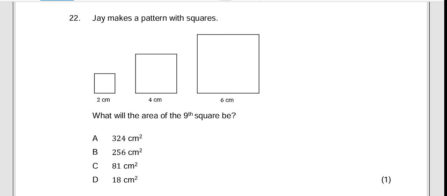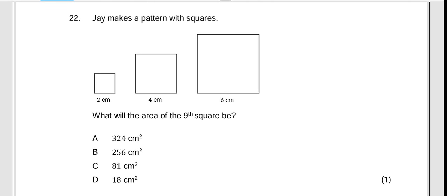Let's check the pattern: the first pattern has 2 centimeters, the second one has 4 centimeters, and the sixth one has 6 centimeters.